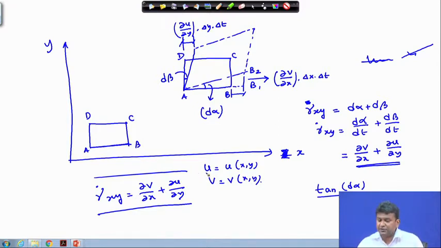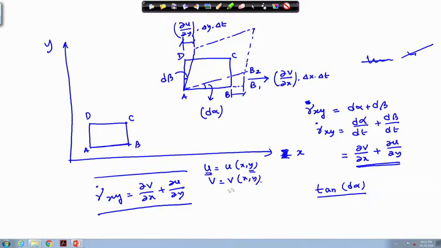That arises because you have a flow field where u is a function of y and v is a function of x.